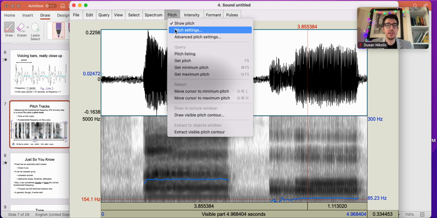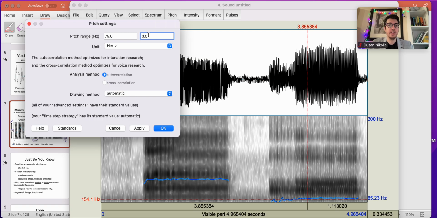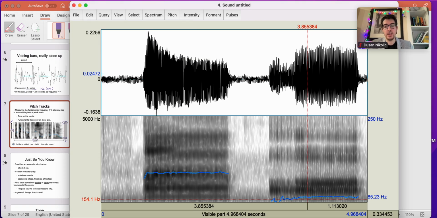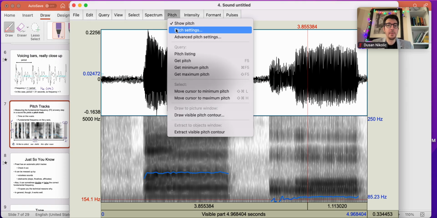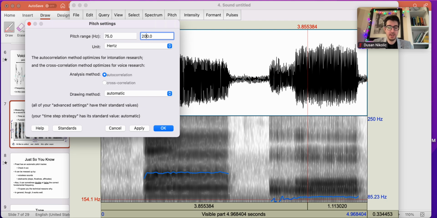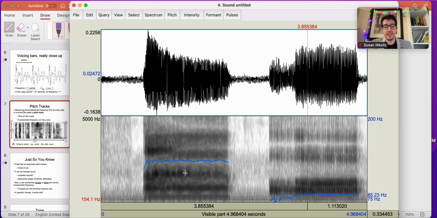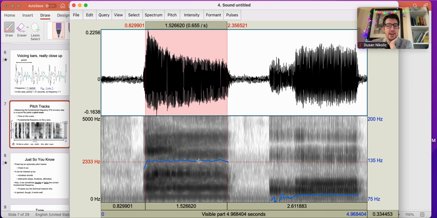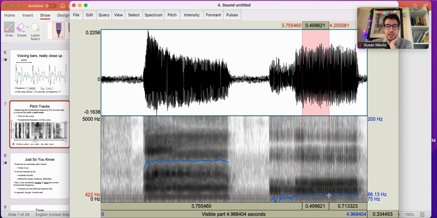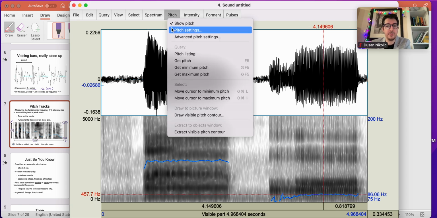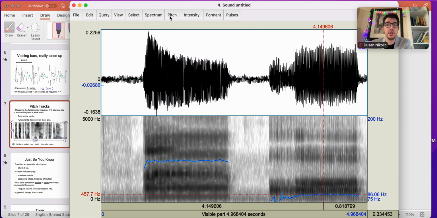Let me see what I can get with 250. Okay, still good. I'll go even lower. Now it seems like I'm really high here, but I'm not really. It's around 135 hertz. And here it seems that I'm not as low as I actually am, at around 86 hertz. So you should be careful when you're setting the pitch.